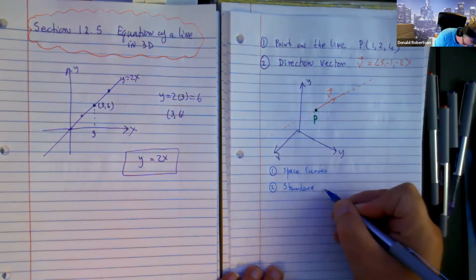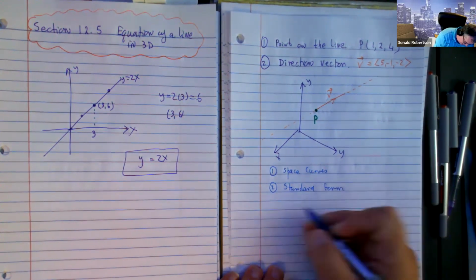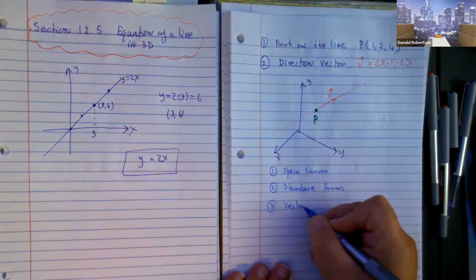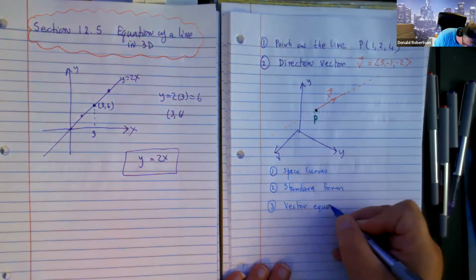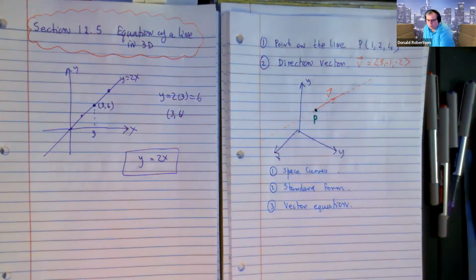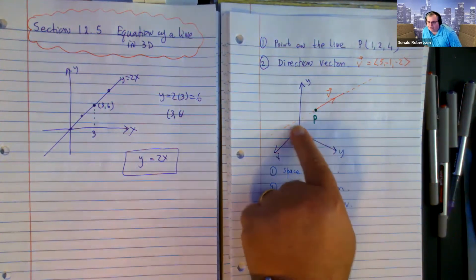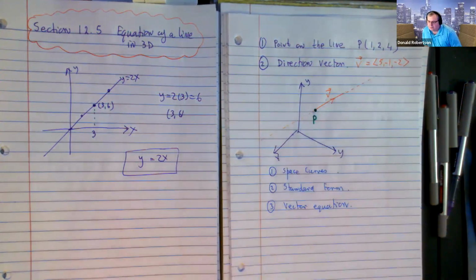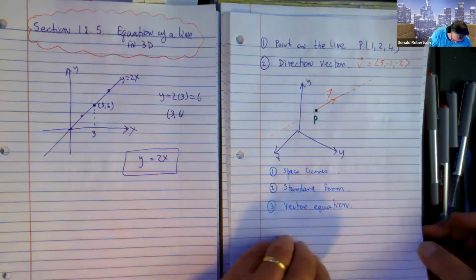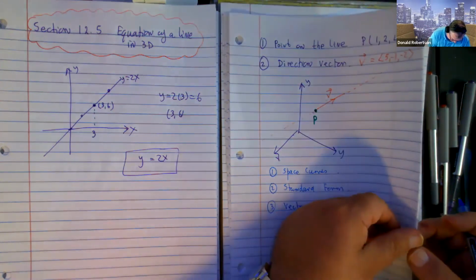I may change that name overnight. Look it up. It's called standard form. And now I've actually got a third version. It's called the vector equation. So there are 3 ways in which we can describe all the points that lie on this line. Let's look at the first one, space curve.